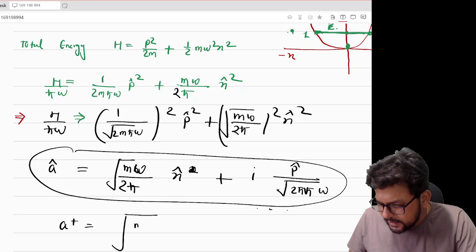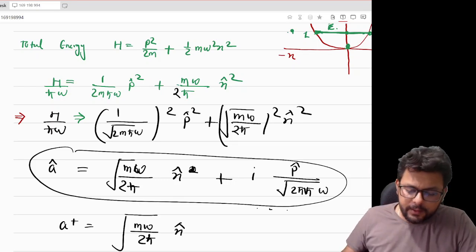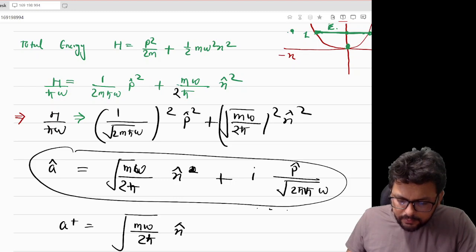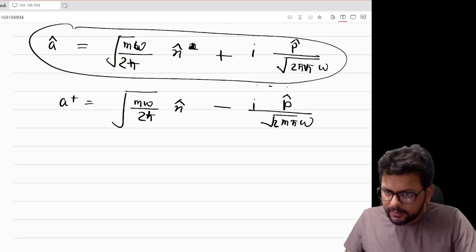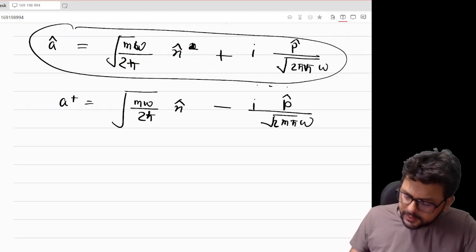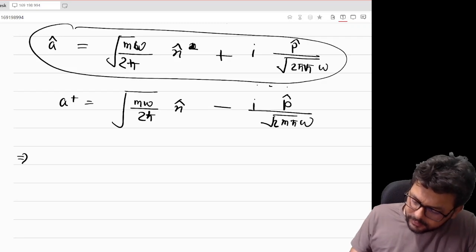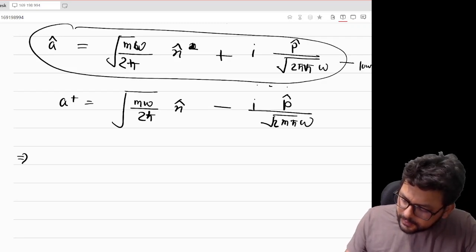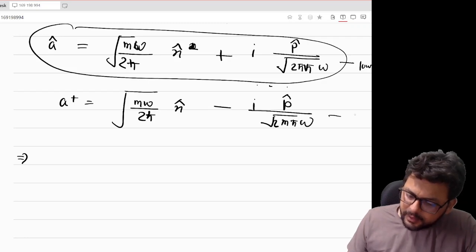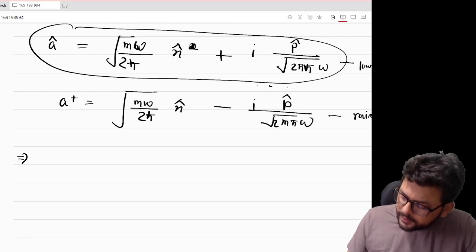So this is the square root of m omega upon 2 h cut, x, minus i p operator upon the square root of 2 m h cut omega. So we got till here without any problem. I told you this is a lowering operator, and this, remember, is the raising operator.